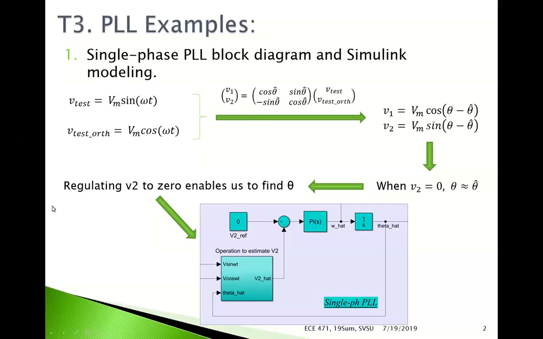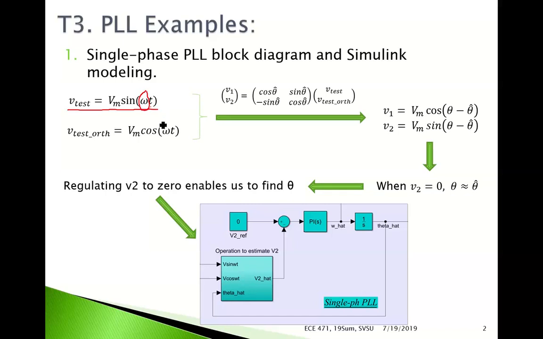At the beginning, what we know is a tested signal in sinusoidal waveform. We're assuming we only have the fundamental component here with angular frequency omega. So at different time moments t, we have different positions of this test signal, omega t.